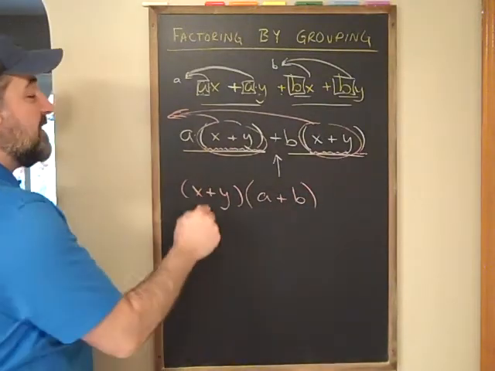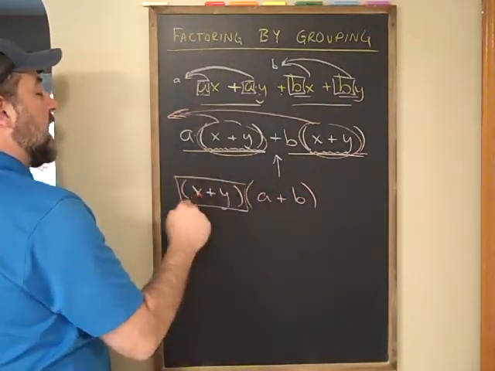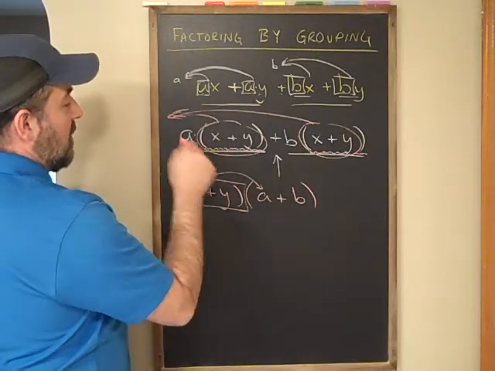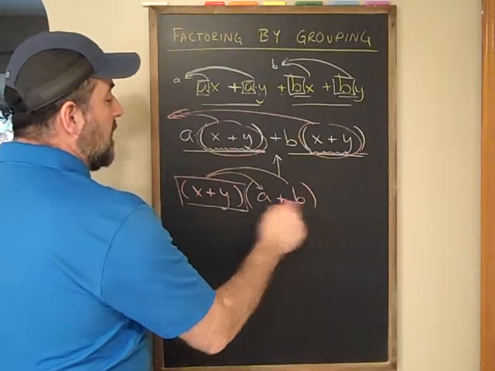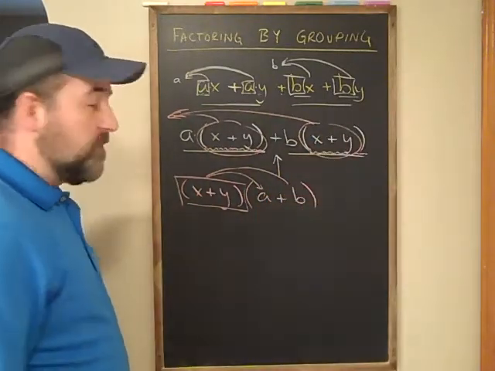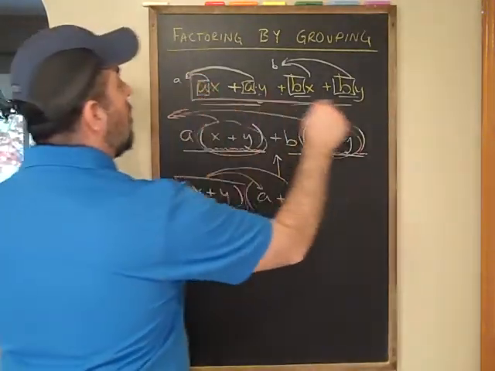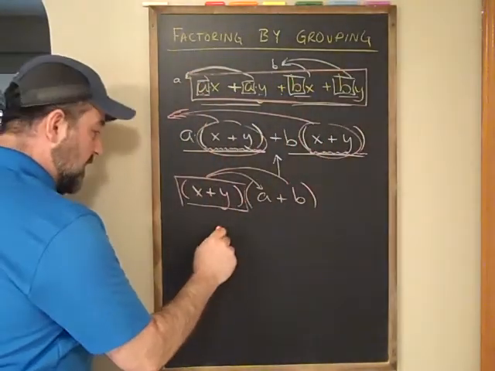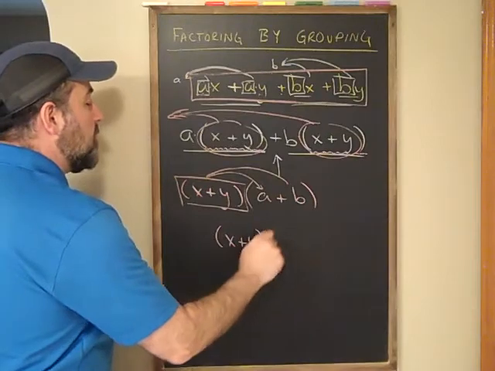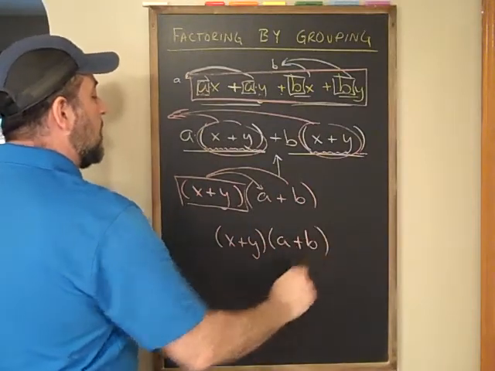Now look, if I distribute this factor to a, I get a times x plus y. If I distribute that factor to b, I get b times x plus y. So the factored form of ax plus ay plus bx plus by is x plus y times a plus b.